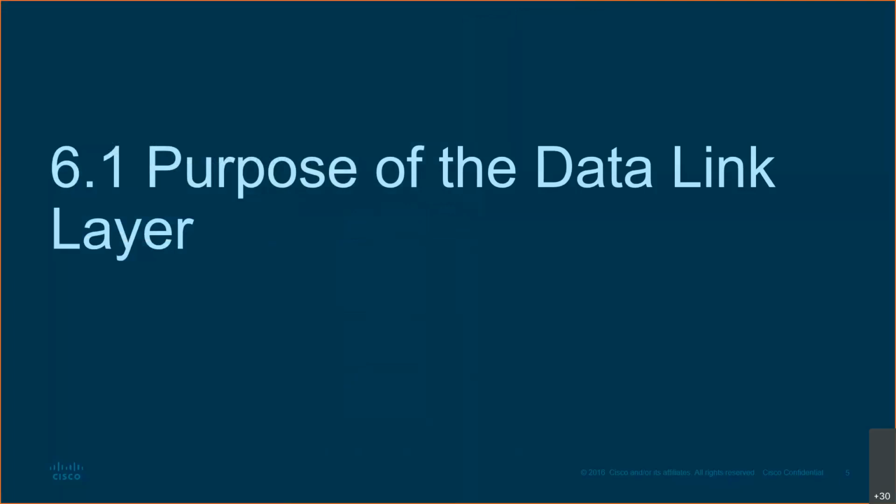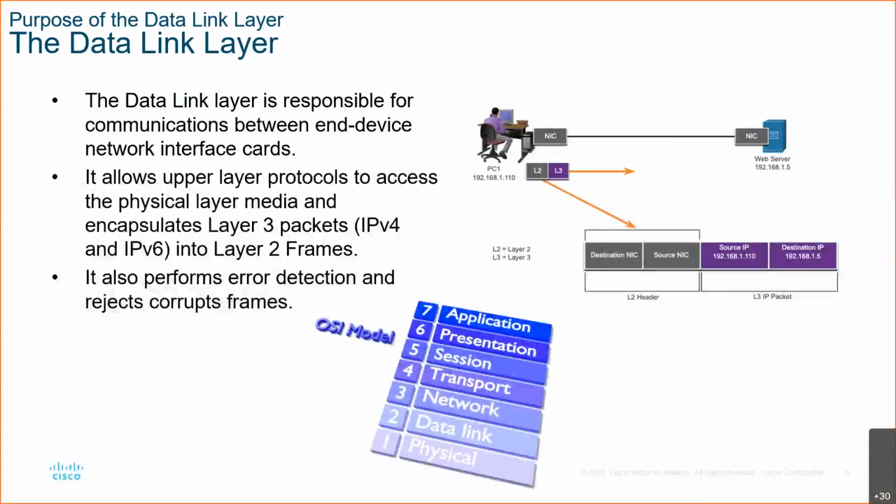So why do we need the data link layer, the second layer of the OSI model? First of all, it's responsible for communications between end device network interface cards. When you think about your network interface card, always remember you are talking about your data link layer.